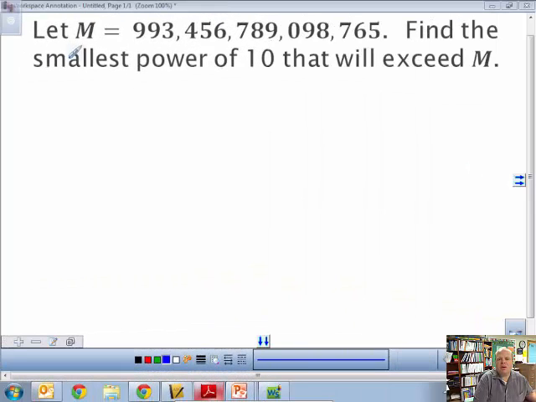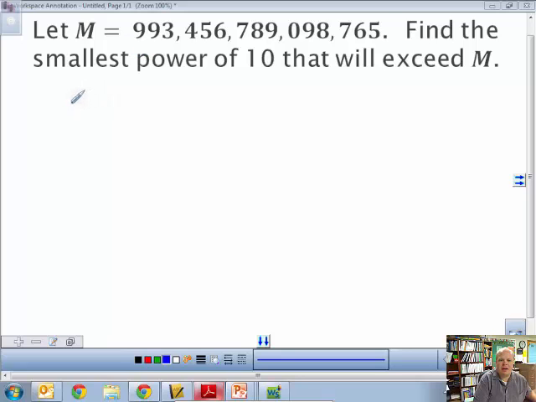Alright, so it says let m be this big number. Find the smallest power of 10 that will be larger than this number. Well, I know that this number, this is my ones, thousands, millions, billions, trillions. So this is trillions. So I need to find a power of 10 that is larger than this.